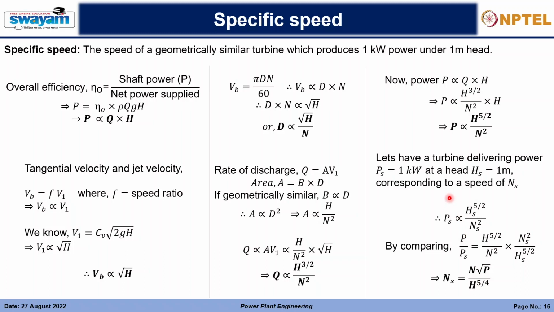So this is a very important property to reduce the scale of an actual turbine to a very small turbine which is delivering only 1 kilowatt power at a head of 1 meter, corresponding to this specific speed. So the scaled down turbine will have the specific speed NS. By this we can correlate the two cases.